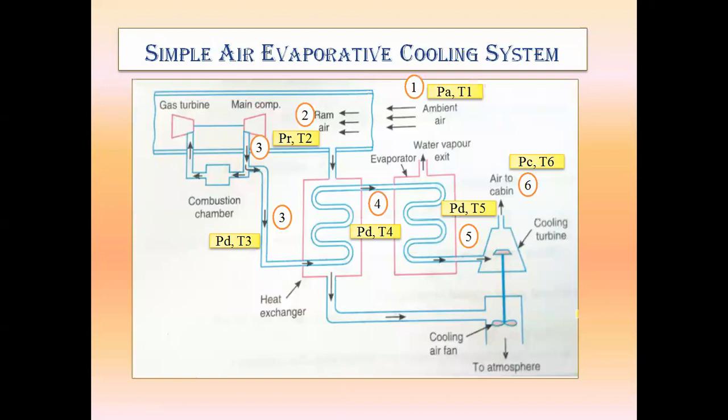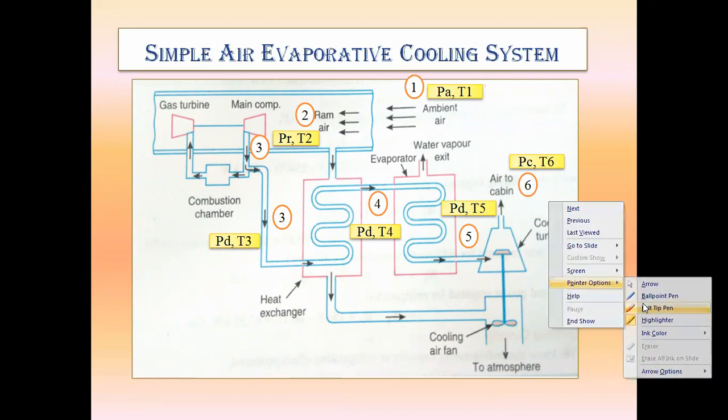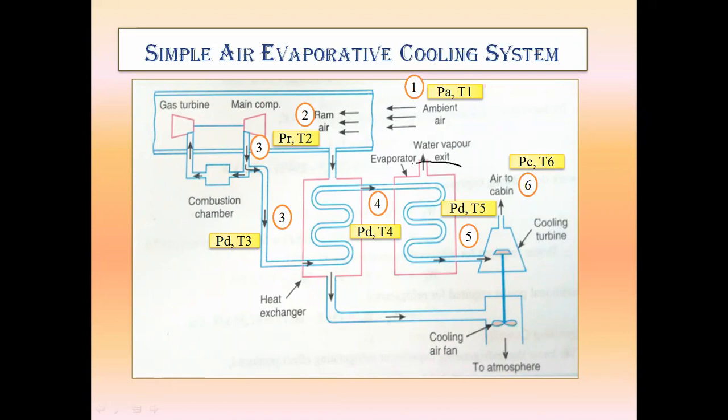So I will show the diagram. This is the diagram of the simple air evaporative cooling system. If you compare it with the simple air cooling system, you will observe that there is only the addition of this part, called the evaporator.